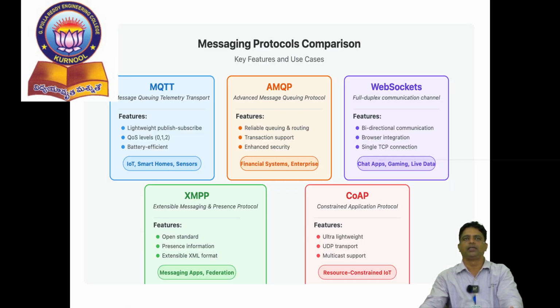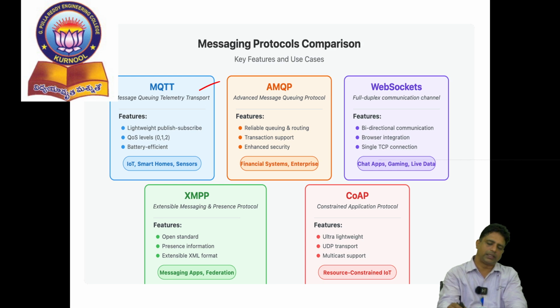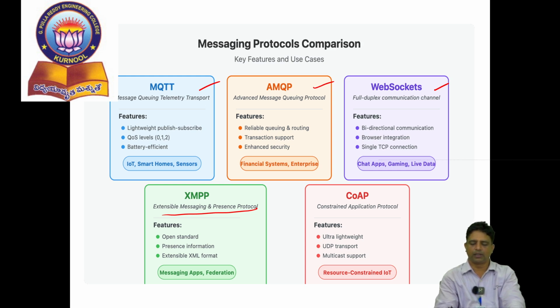The different names that we can mention here are Message Queue Telemetry Transport, Advanced Message Queuing Protocol, the full duplex communication channel, XMPP, the Extensible Messaging and Presence Protocol, and CoAP, the Constrained Application Protocol, mostly used for multicast operations.